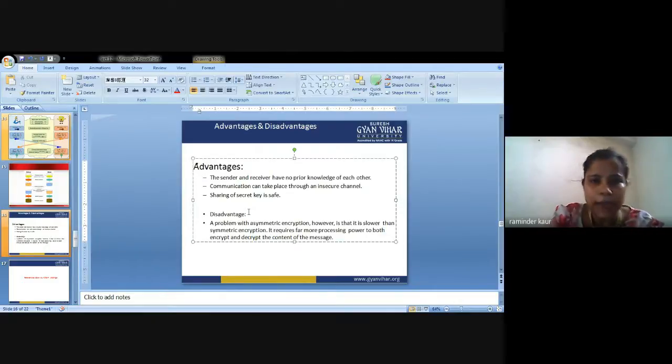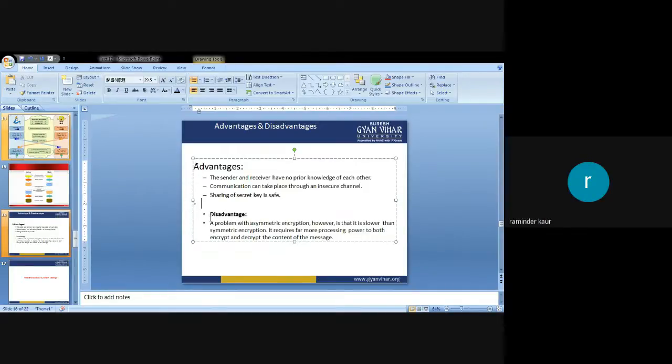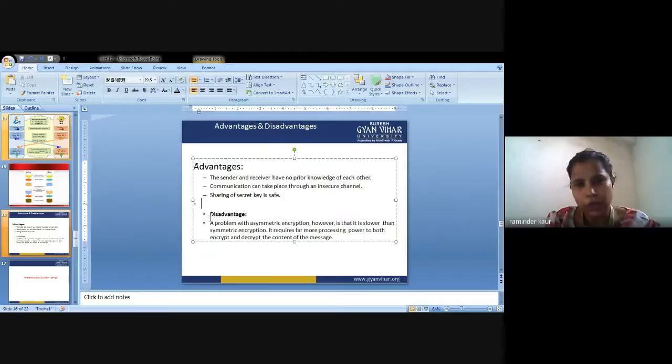What are the advantages and disadvantages of the Diffie-Hellman key exchange algorithm? The first advantage is that the sender and receiver have no prior knowledge of each other. Second, communication can take place through an insecure channel. Next, sharing of the secret key is very safe.